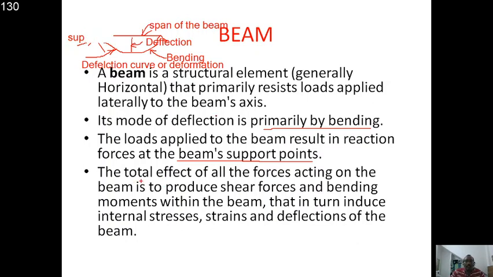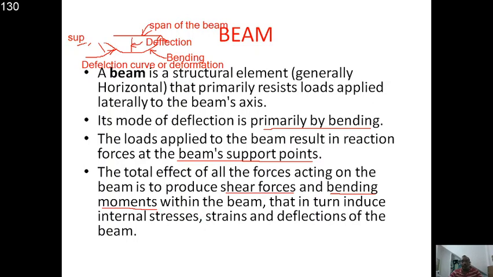The total effect of all the forces acting on the beam is to produce shear forces and bending moments. Please understand that the beam will undergo shear forces and bending moment. We will see about these in the upcoming sessions.